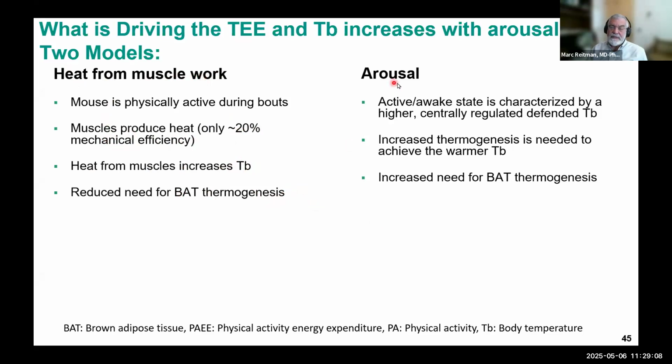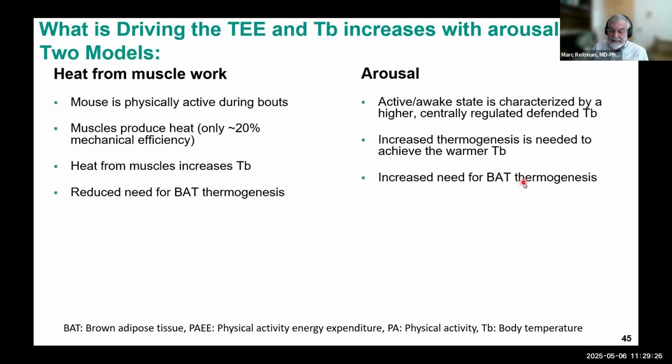Alternatively, maybe there's some central awake active state signal that signals a higher defended body temperature, which will increase thermogenesis to drive the warmer body temperature and will drive physical activity. And there may be an increased need for BAT thermogenesis.